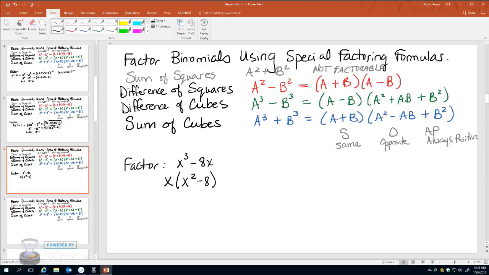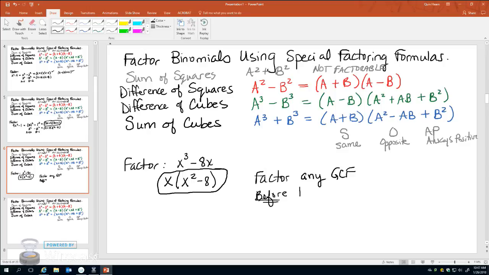The only possibility, since x is being squared, is that the x squared minus 8 fits a difference of squares, but 8 is not a perfect square, so actually it doesn't, and we would just stop here. Okay, so be careful. Factor out any GCF before trying to fit one of the patterns.